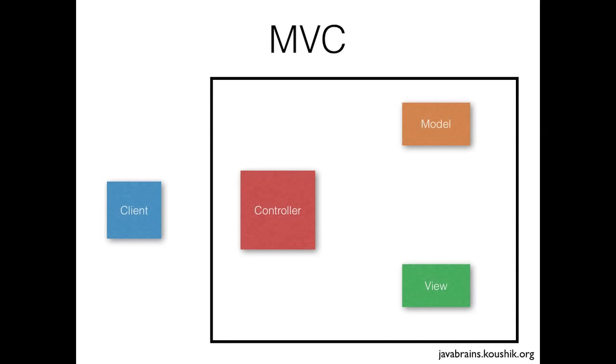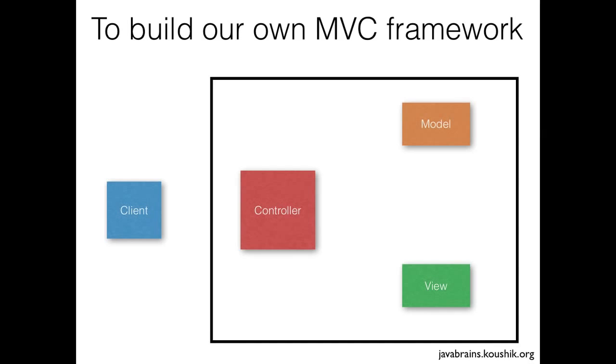Okay, so this is a standard MVC diagram which we've been seeing all along and you should be sick of by now. We have a client talking to a controller. The controller talks to the model and the view is for rendering the output so that it's consumable by the client. Now, if you would design this kind of a model in a Java web application using servlets and JSPs, this would be a standard way to do that.